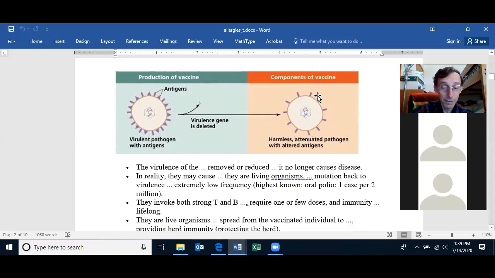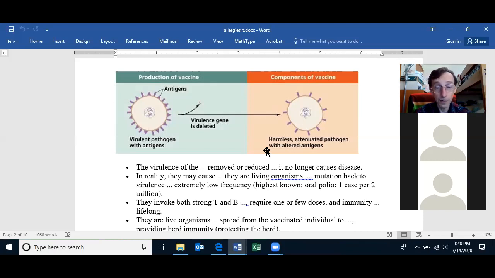Another good thing about the live attenuated vaccine is that this patient has the live vaccine growing in them. This vaccine can move out of this patient and infect a non-infected patient, and they will get the vaccine. Does that make sense? So when you take the oral polio vaccine, the vaccine will grow in you, and it can spread from you, and then they will get the oral polio vaccine.